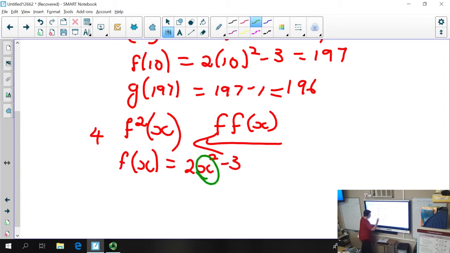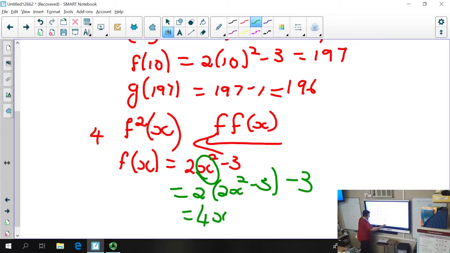Very nice method of encircling that one. And it means f must go into that one. So you're going to use exactly the same one: 2(2x squared minus 3) squared minus 3. So the final answer, and you must simplify it, is then 4x squared minus 6 minus 3, which... Oh, I have to square this whole one first there.